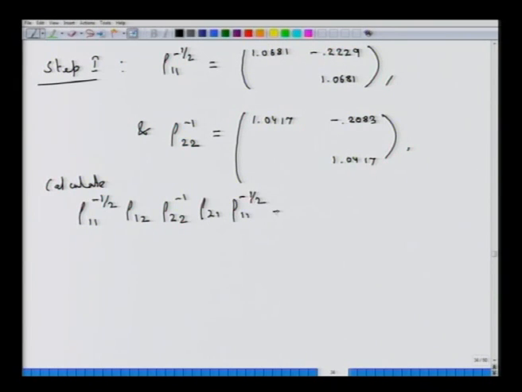So this is a trivial calculation with these two matrices and rho 1 2 and rho 2 1 as given earlier. This is a 2 by 2 matrix, which turns out to be 0.4371, 0.2178, 0.2178, 0.1096. This also is a symmetric matrix. So we have calculated up to this particular point.